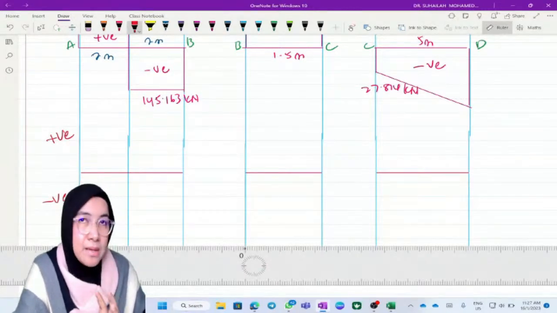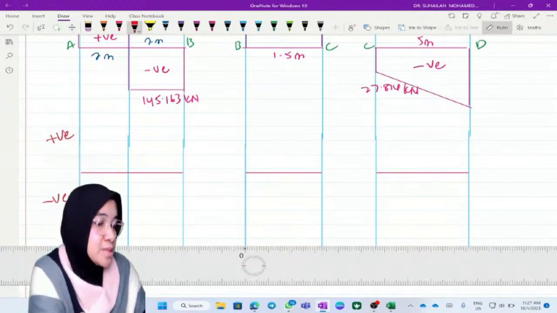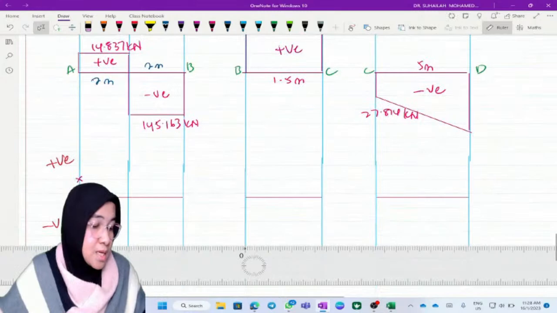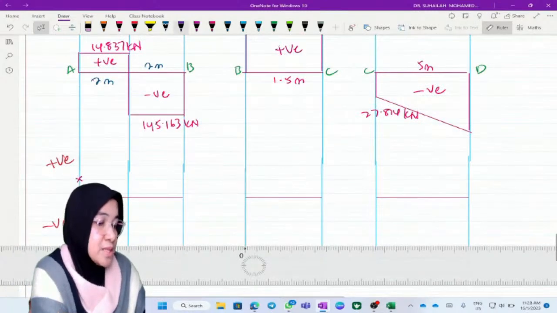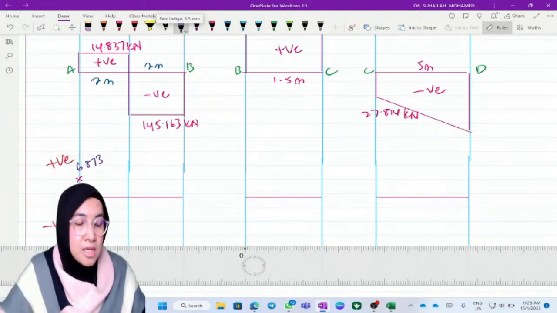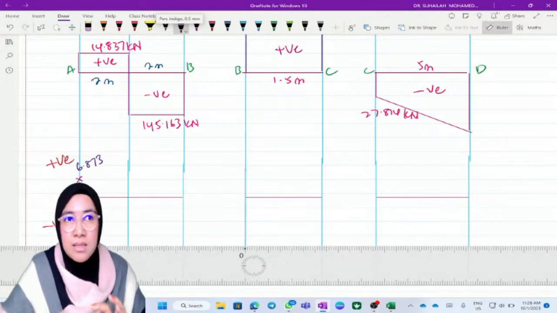So when I need to draw the first moment where the moment is positive, the value is somewhere here. The moment is 6.873, it is positive. Don't forget the first value is 0.